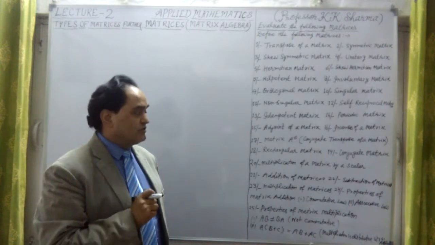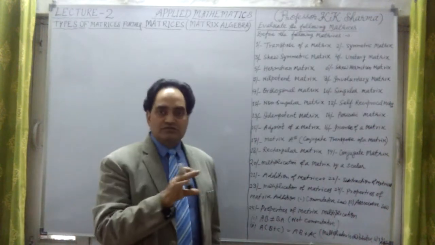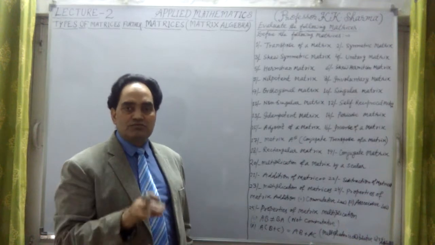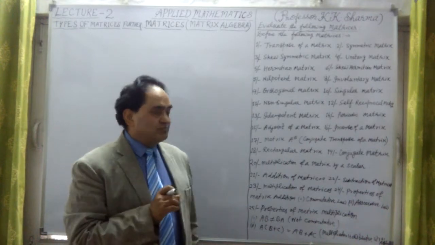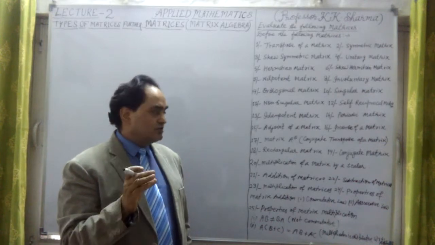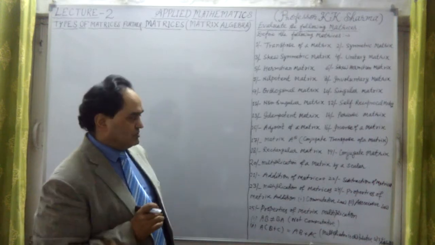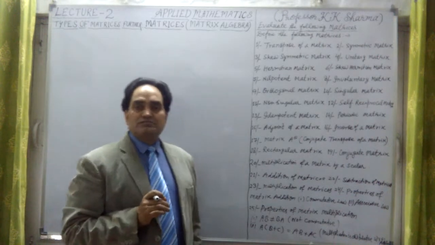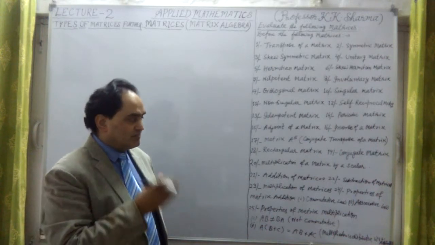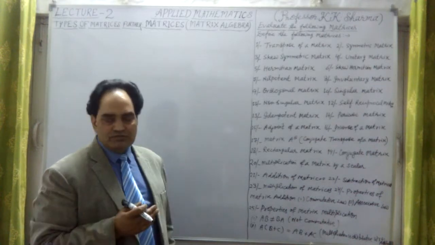It is a systematic representation of numbers in the form of equations, and those linear equations can easily be solved with the help of matrices or matrix algebra. Matrix algebra has a very important role in managerial decision making. This I discussed in the previous lecture series.